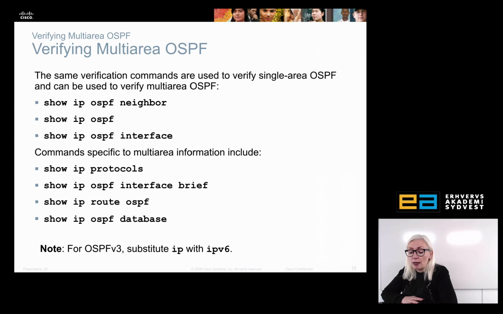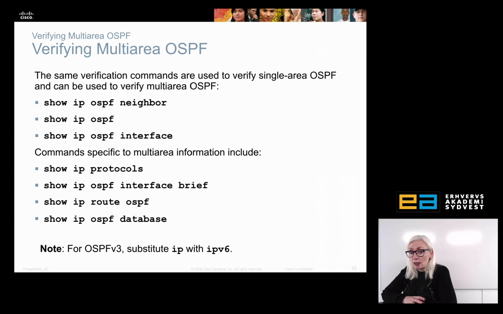You can use show ip ospf interface. And of course, the more general one, show ip protocols. Show ip ospf interface brief if you don't want all information. Show ip route ospf will only show you the OSPF routes if you have a huge routing table. And show ip ospf database will show you the link state database that you have.